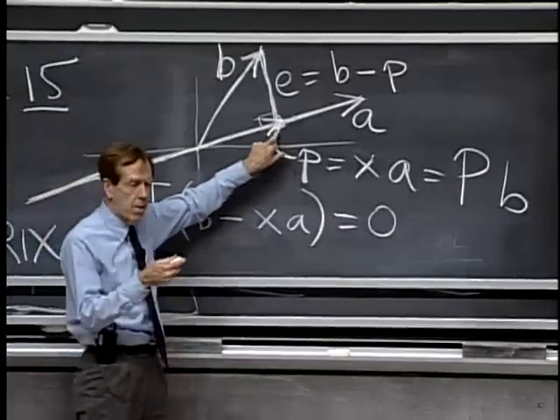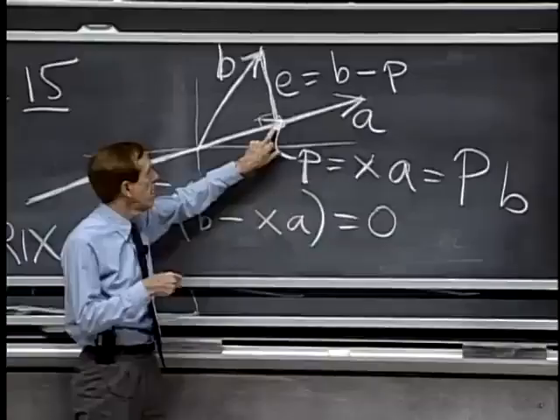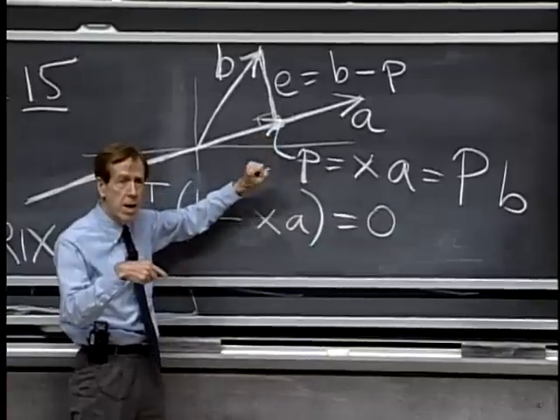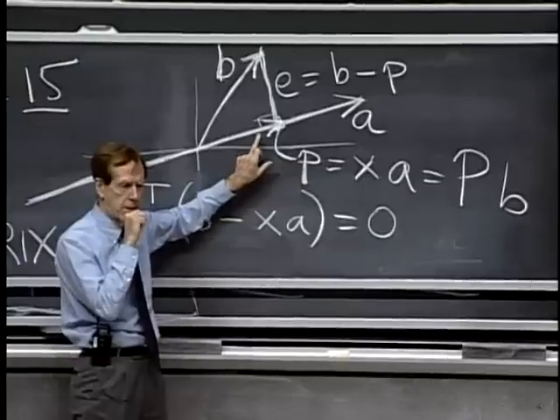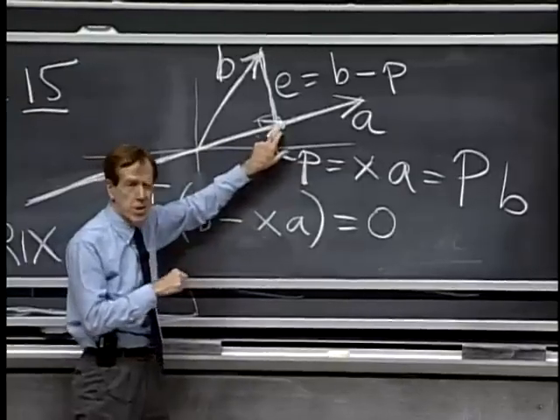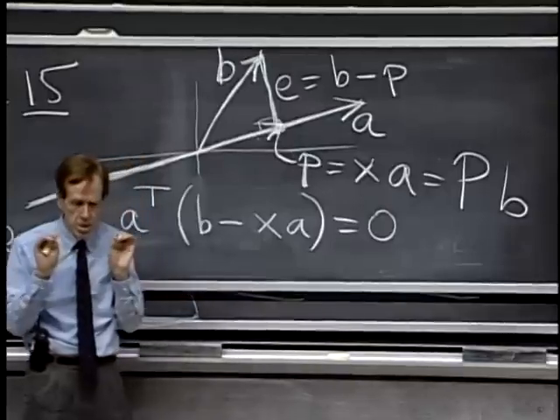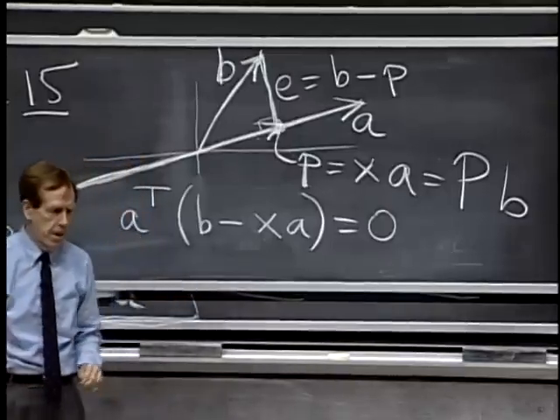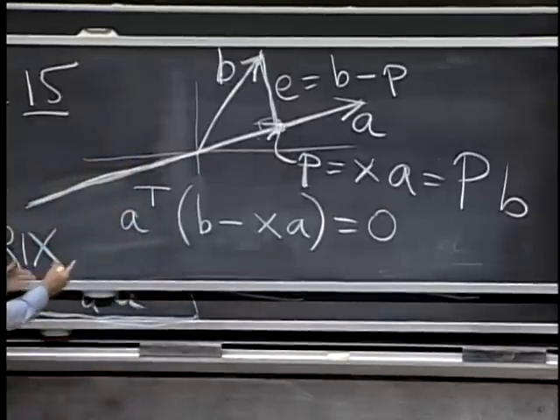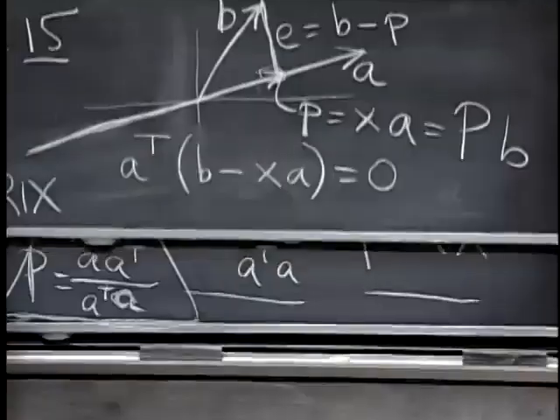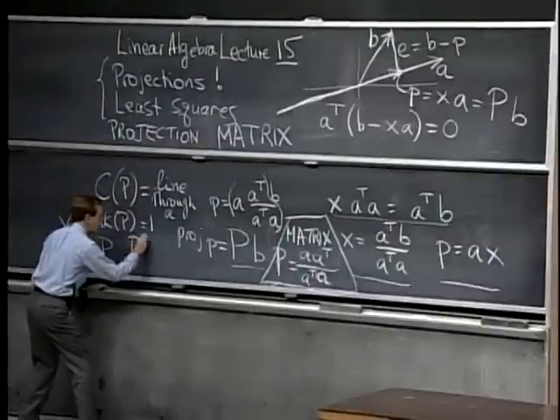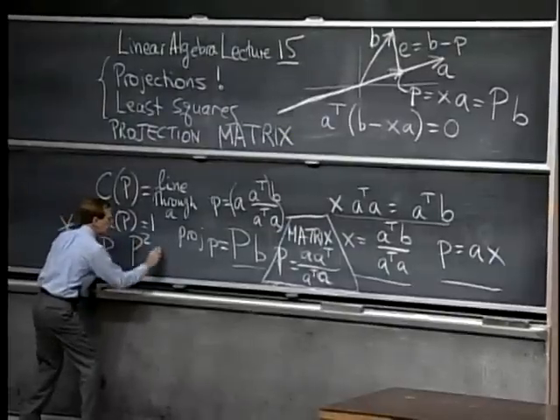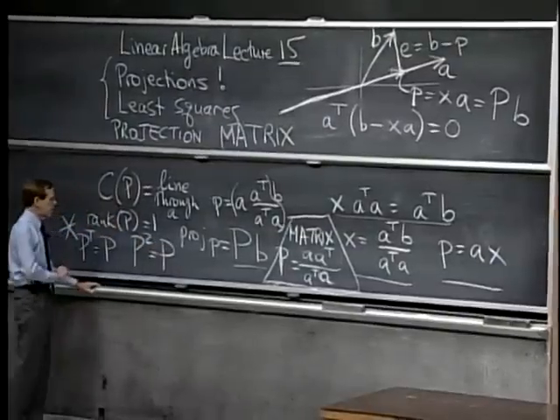So I'm applying it once, brings me here, and the second time, I stay put, right? The projection for a point on this line, the projection is right where it is. The projection is the same point. So that means that if I project twice, I get the same answer as I did in the first projection.